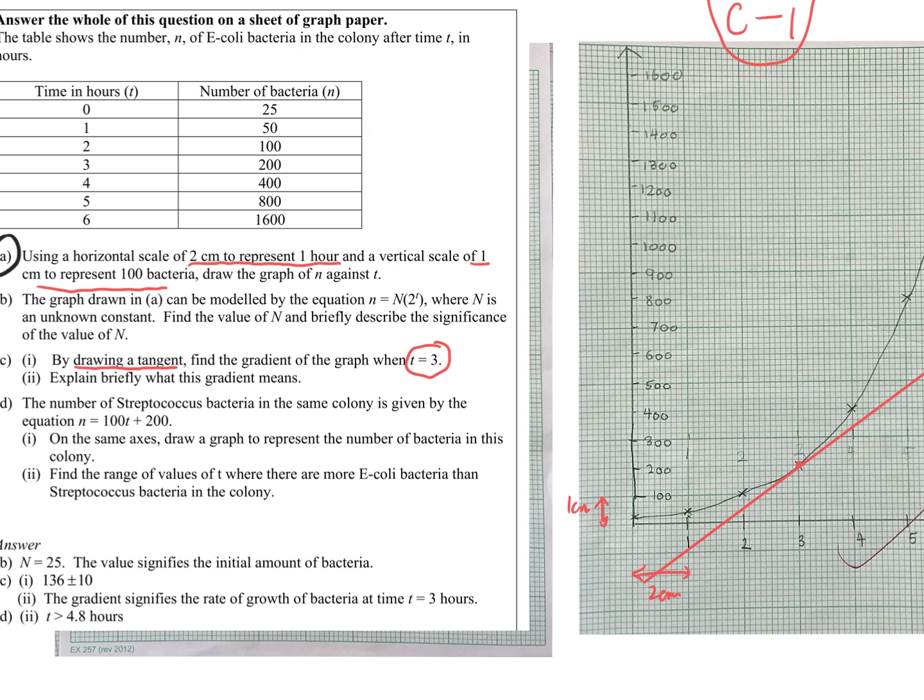Next mark is go and pick 2 points on the line. So let's say I pick this one because it's easy to read. This point is called 1.7, 0. Then I pick another point that is easy to read. Maybe this one. This is 6 and 620.